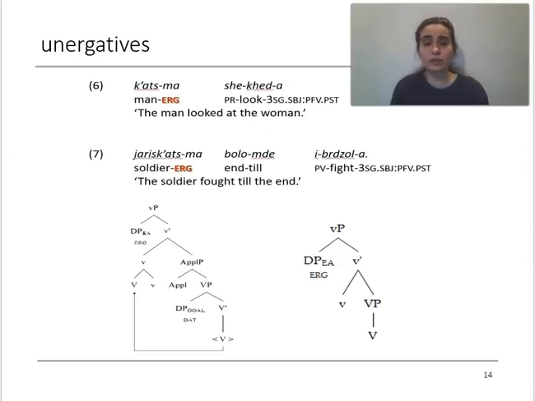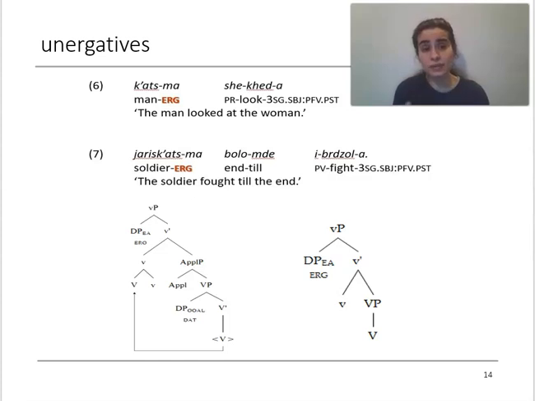I will focus just on anergatives today, but here you have one illustration of anergatives and for indirect transitives, so that you can compare the structures for both. Still, the structure which is proposed for anergatives looks like an intransitive verb and it has no second argument in the structure.